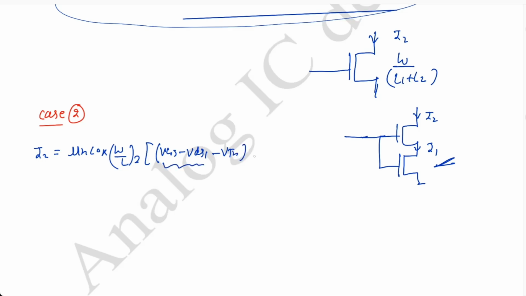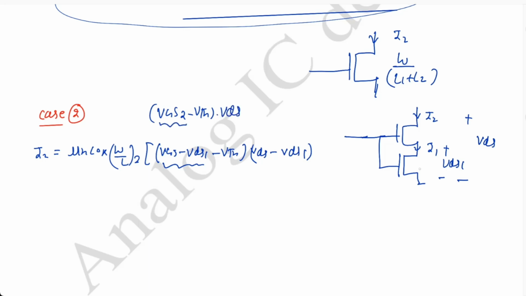into VDS2 minus VDS2 square by 2. Like VGS2 minus VTH into VDS.